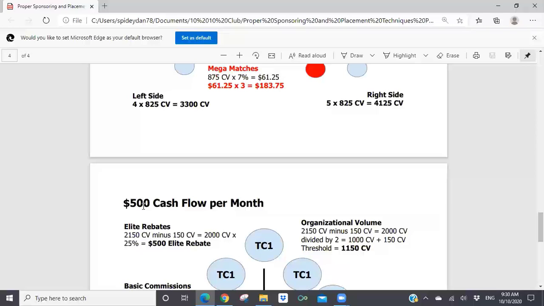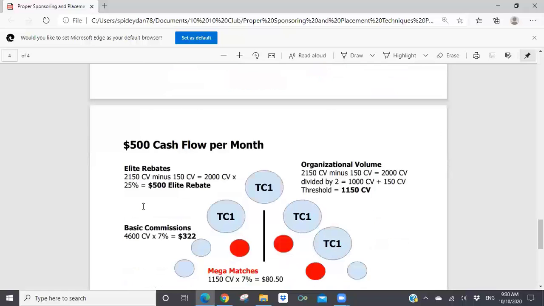The way organizational volume works is 50% of that is paid out in organizational volume. So I take 50% of that, which is 1,000. Synergy adds back the threshold of 150. So each person who's earning $500 in cash flow through their customer base represents 1,150 CV of organizational volume.